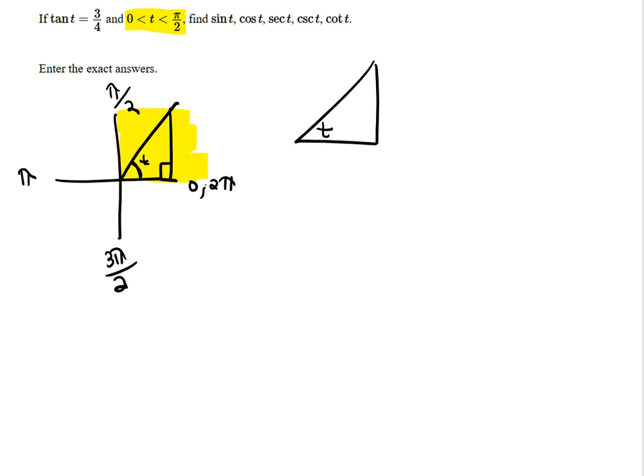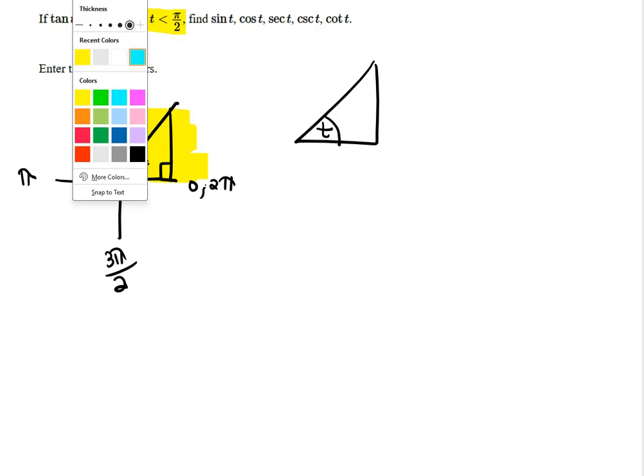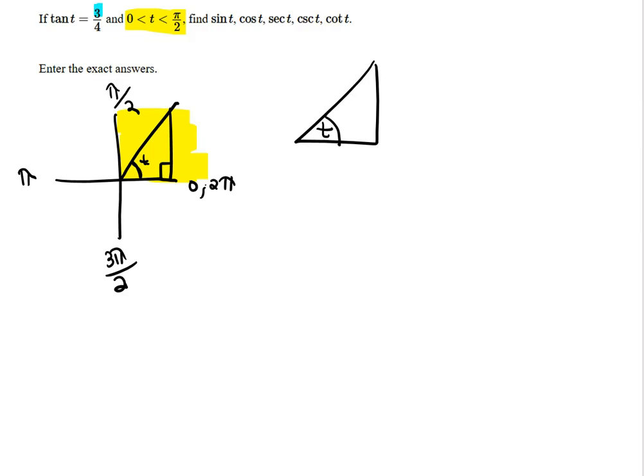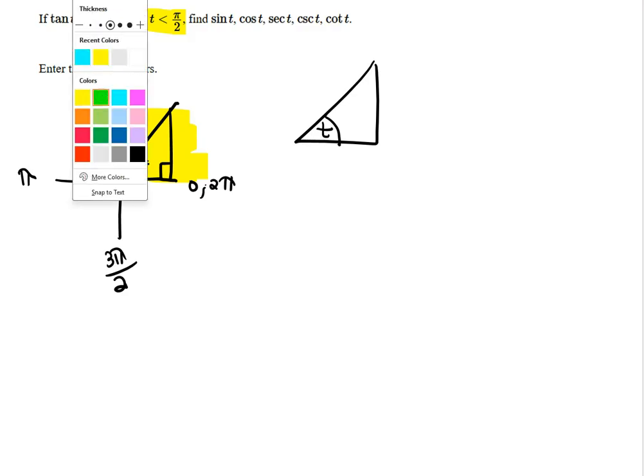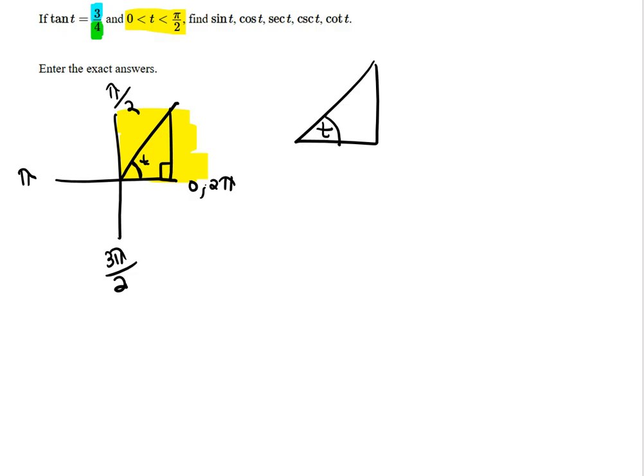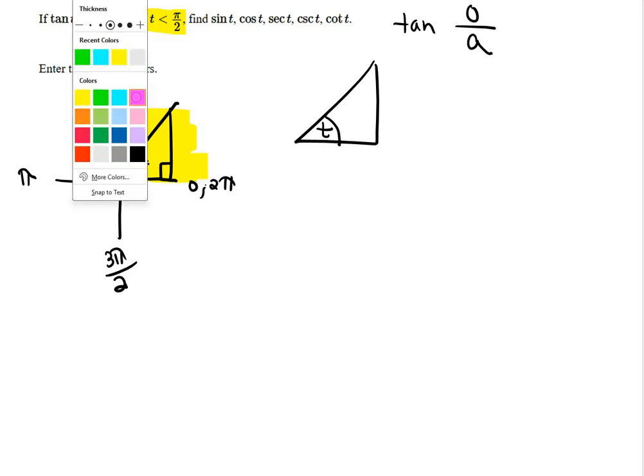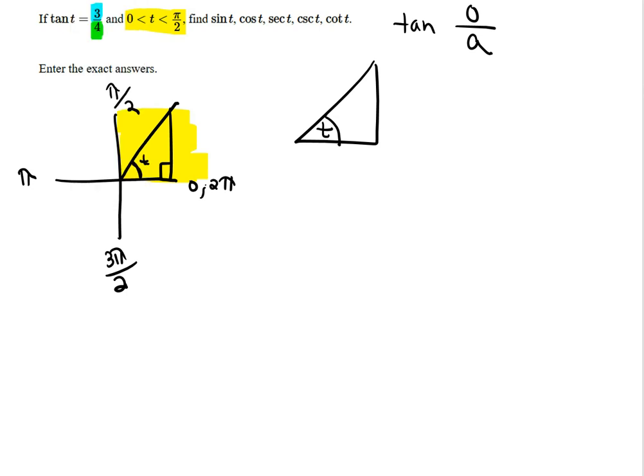So I don't know what T is, but the tangent of that angle is 3 over 4. And remember that tangent is opposite over adjacent. So in this picture, here's your right angle, and so the hypotenuse is across from that.